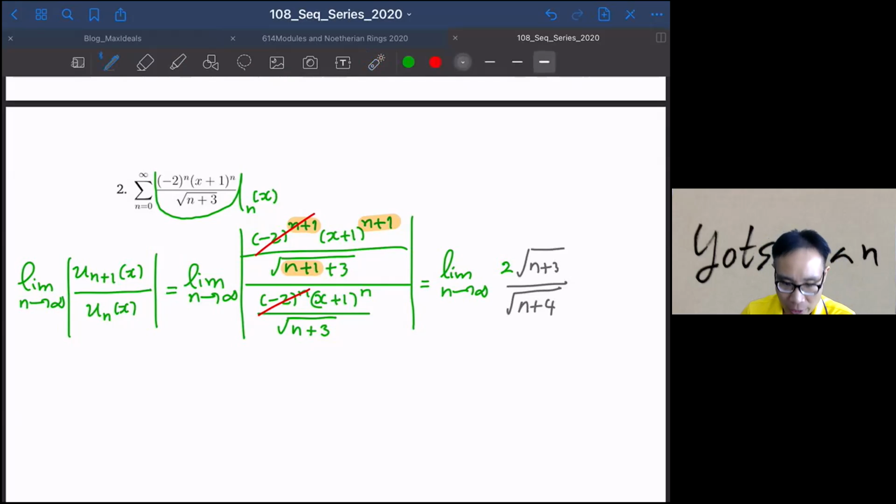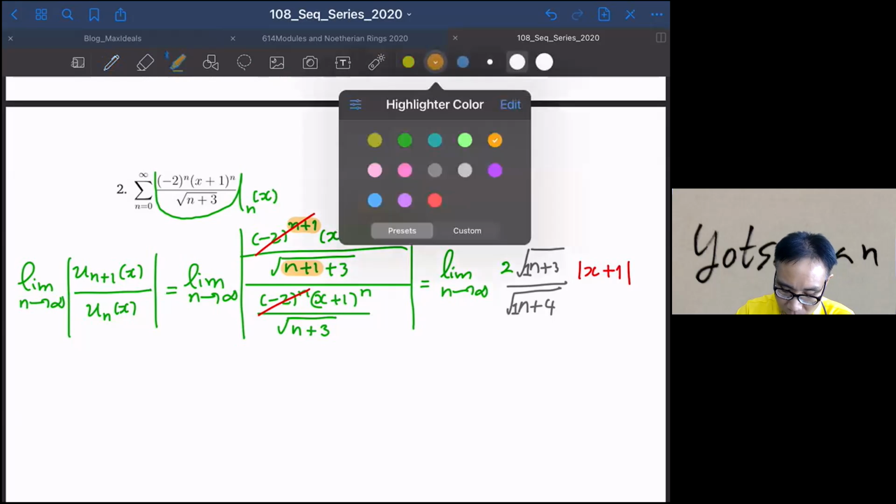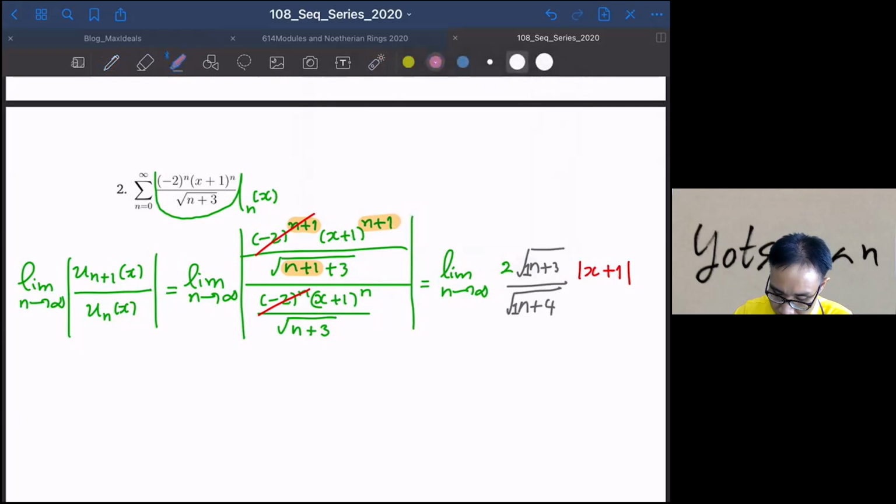Then you have another term, absolute value of x plus 1. As n goes to infinity, the coefficients become 1 and 1, so this limit turns out to be equal to 1.